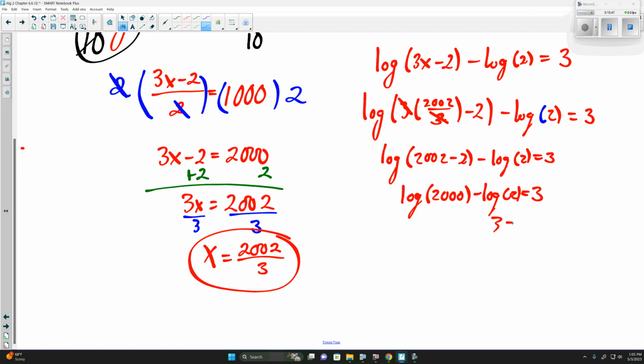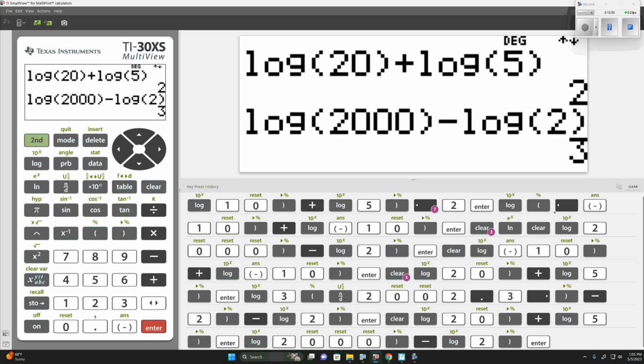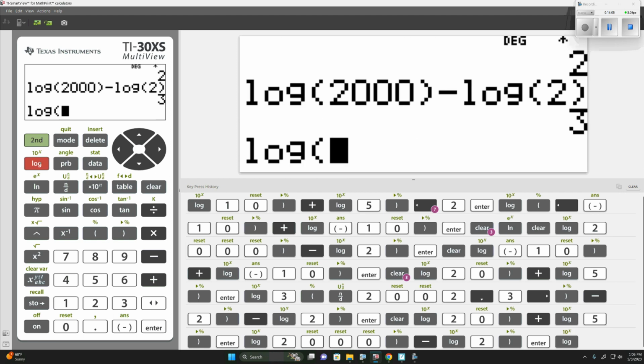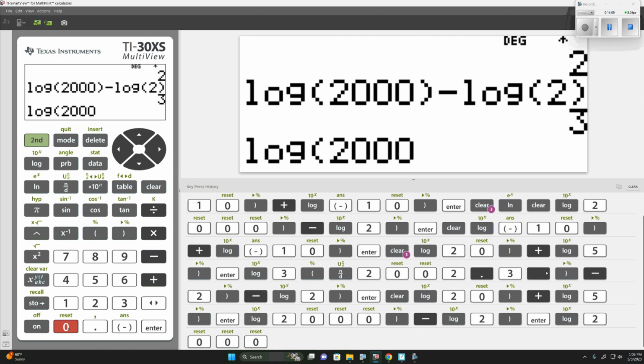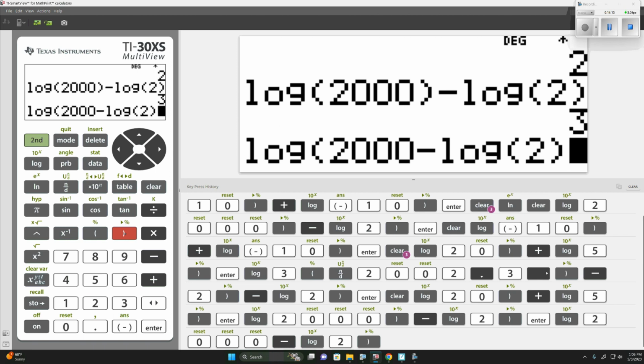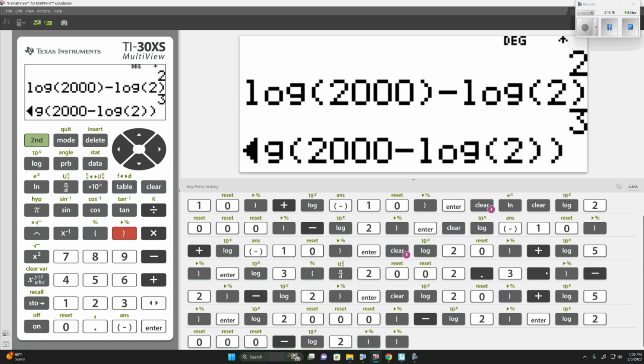So, is it because of this calculator? It should work. Log of 2000 minus log of 2. So you'll need to put the parentheses, because what it saw without those parentheses was log of essentially 2000 minus log of 2, and those are contained within each other.